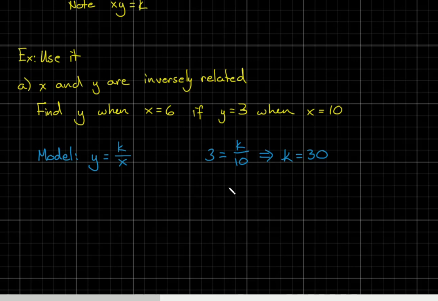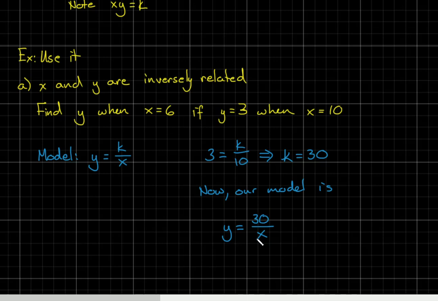Now, our model, instead of k over x, what did we just find k was? 30. So instead of k over x, I now know it's 30 over x. This is the model that we're working with.